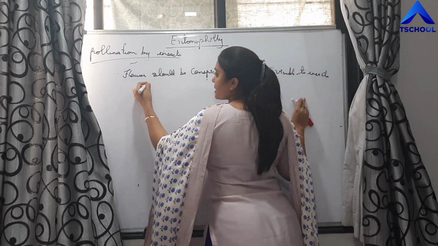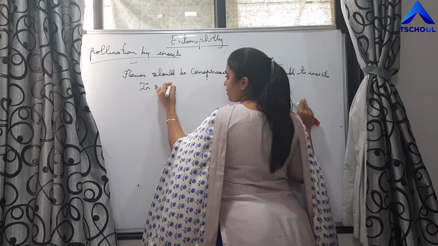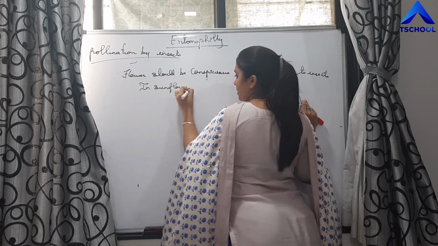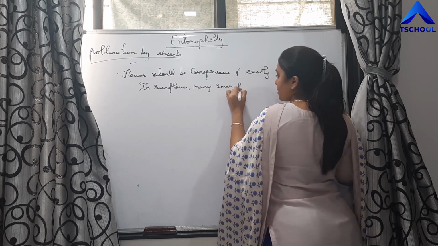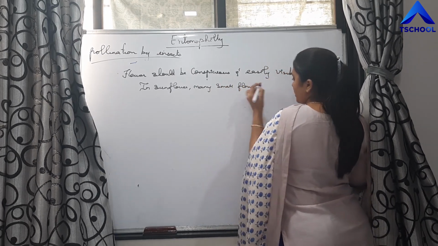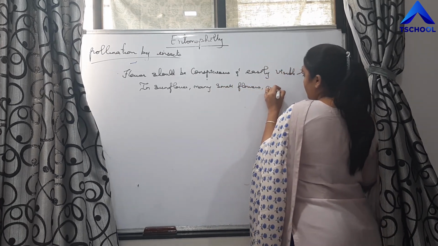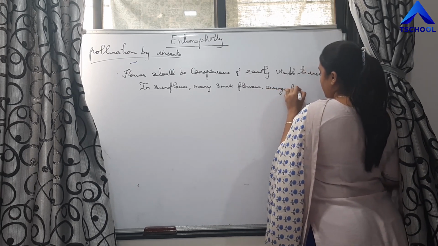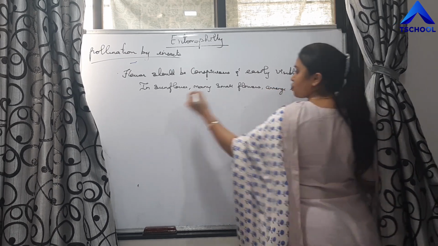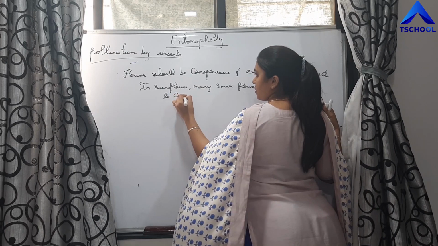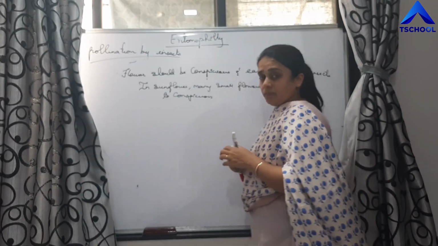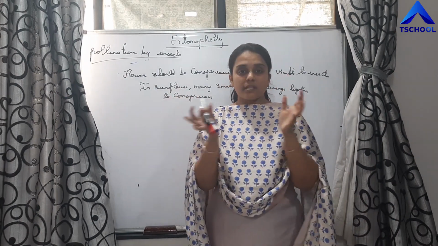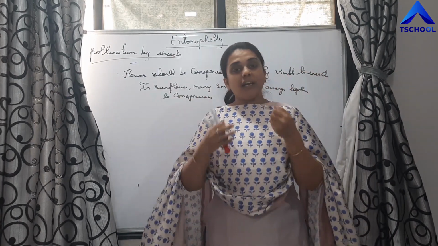In sunflower, many small flowers are arranged together to look conspicuous. So the flowers should be conspicuous, they should be big, they should be attracting the insects.